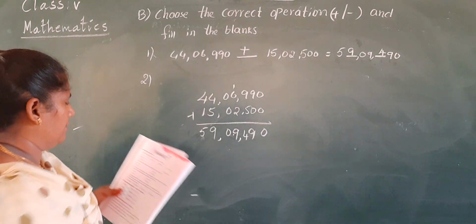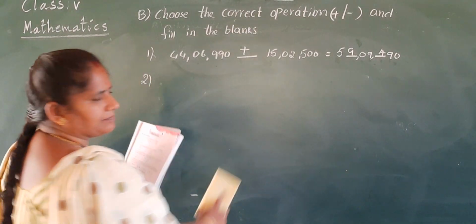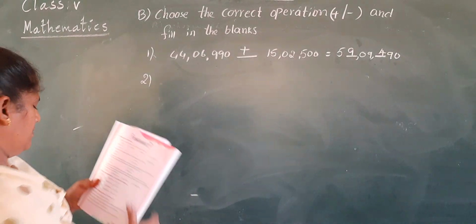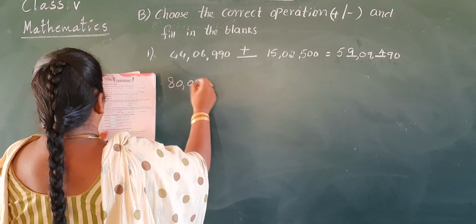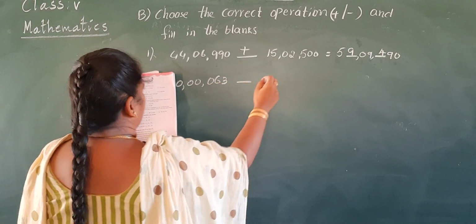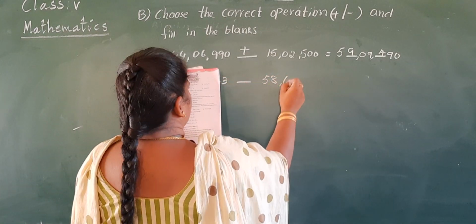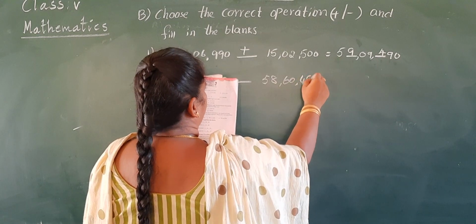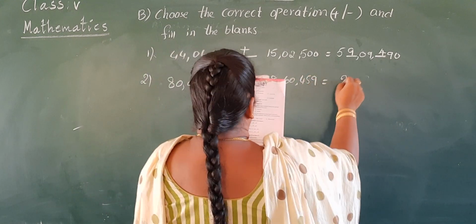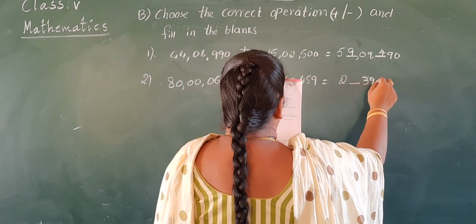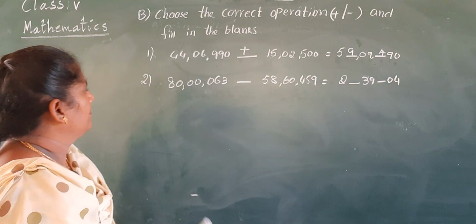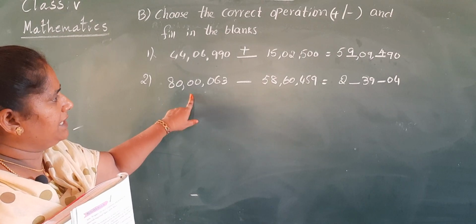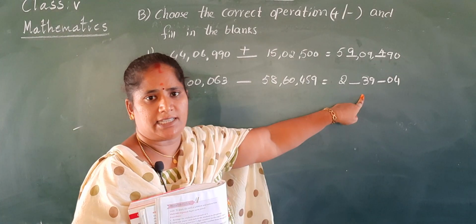Now second option. 80 lakh 63, 58 lakh 60,459. It is 23904. So it's a 7 digit number, here is also 7 digit, it is also a 7 digit number.